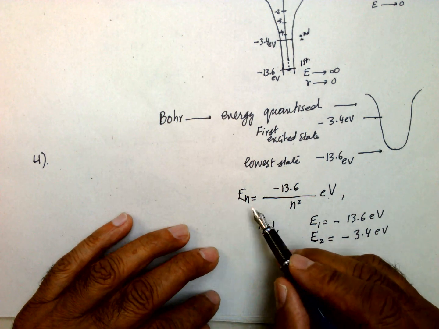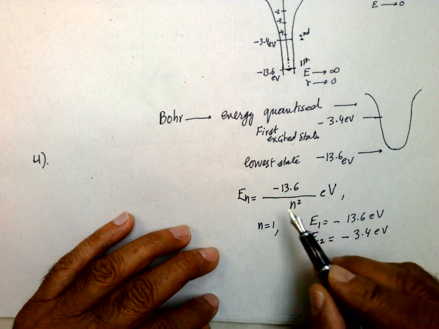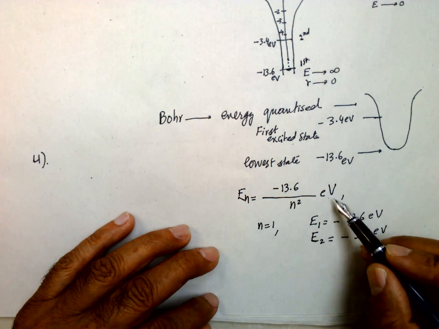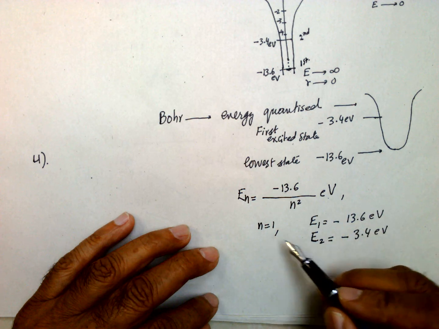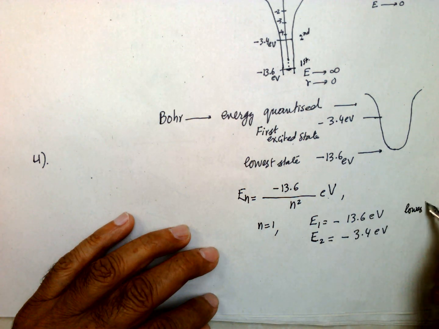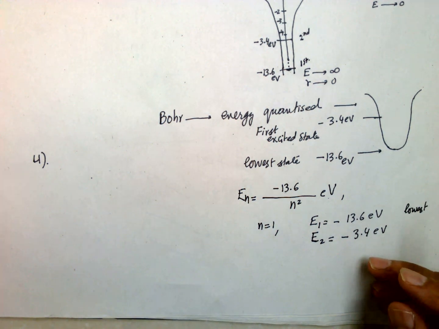The energy of the nth state is given by minus 13.6 over n squared electron volt, where n equal to 1 is the lowest state, and n equal to 2 is the next excited level.